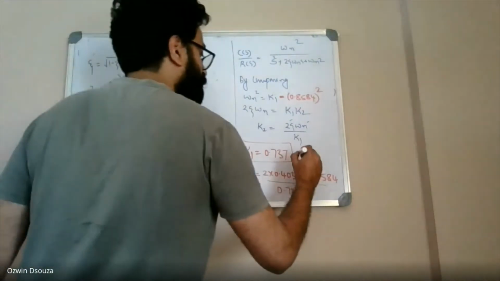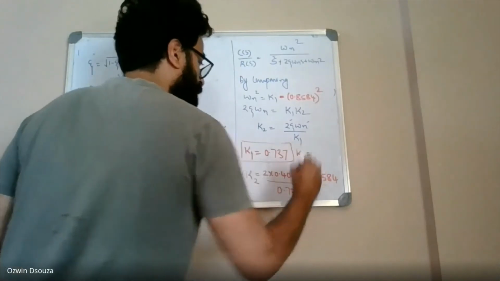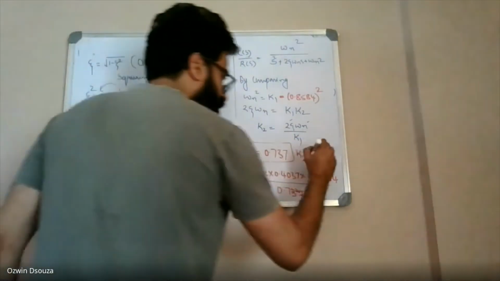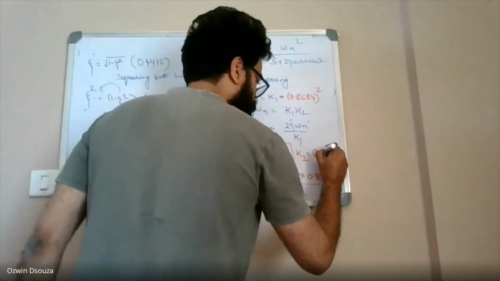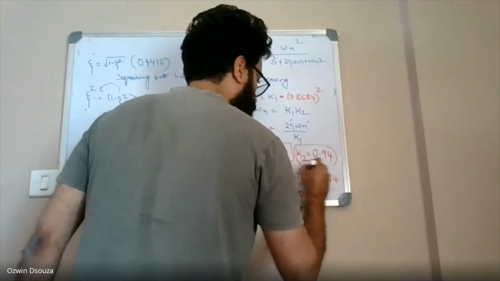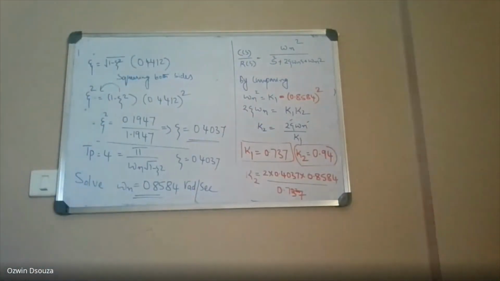So that will give you the K2 value. Please check, 0.94. So that's how we find the K1 value and K2 value.